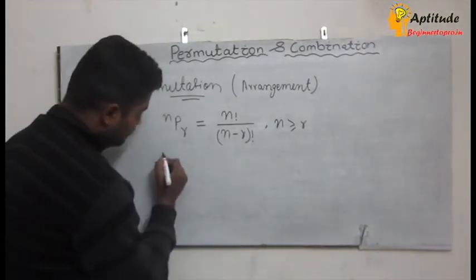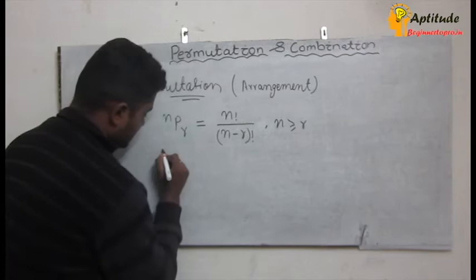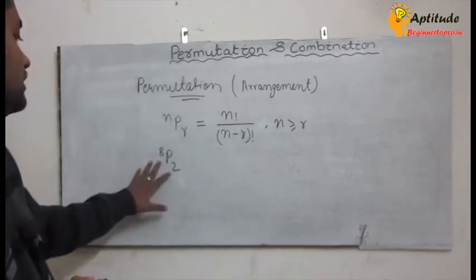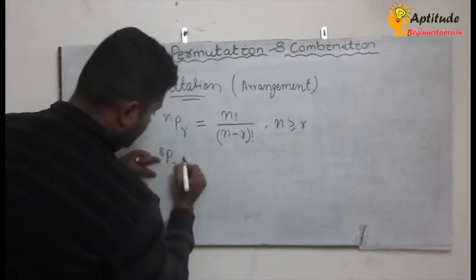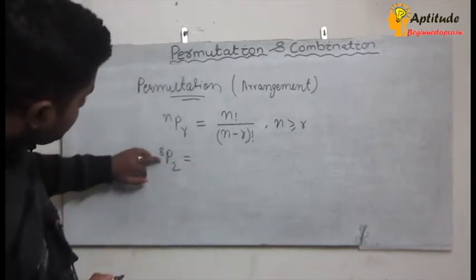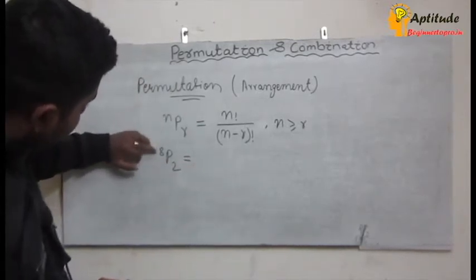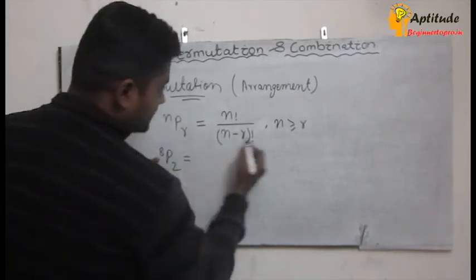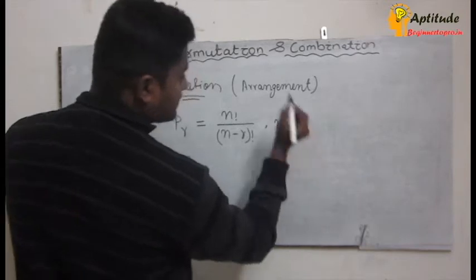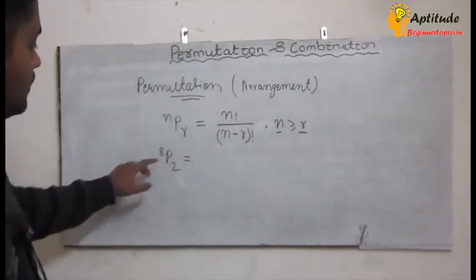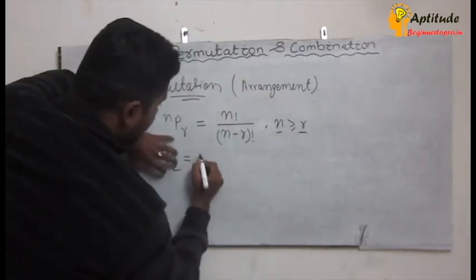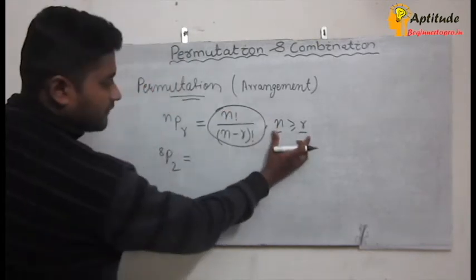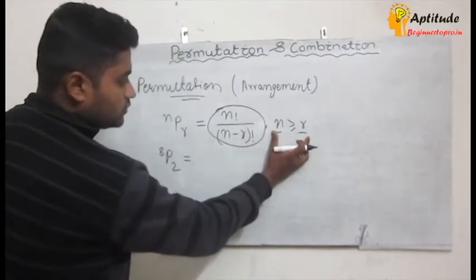Let us take an example: 8P2. What will be the value of 8P2? Here the value of n is 8, the value of r is 2, and it also satisfies the condition n greater than or equal to r.